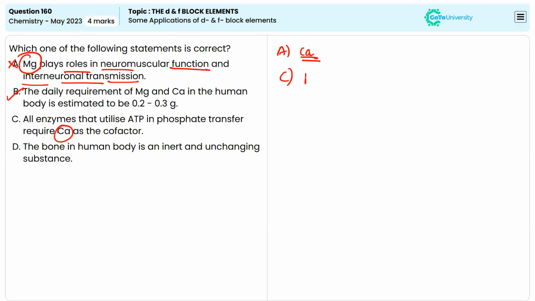So C is about magnesium, not calcium. So this is an incorrect statement. Now the last option: the bone in the human body is an inert and unchanging substance. This is also incorrect because in the human body the bone is not an inert and unchanging substance, right? So this is also incorrect. So the correct answer is B.